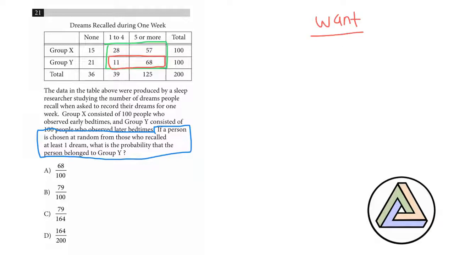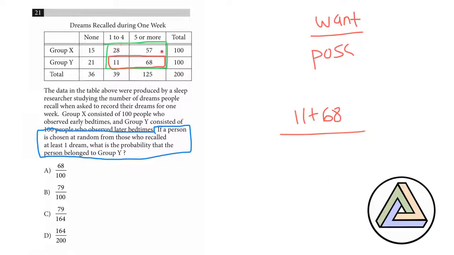When I say want, it really just means the variable that you're analyzing in a way. And in this case, we're analyzing how many people belong to group Y. So that's going to go up here. I'll just write 11 plus 68 up there, because of course that's right here. We're going to add those two. That's the group of people that we're analyzing in this case. And that's going to be over the possible outcomes that you had to pull from the population that you're honing in on.